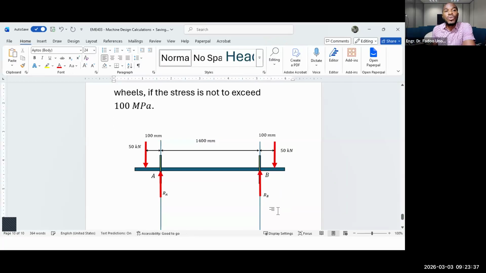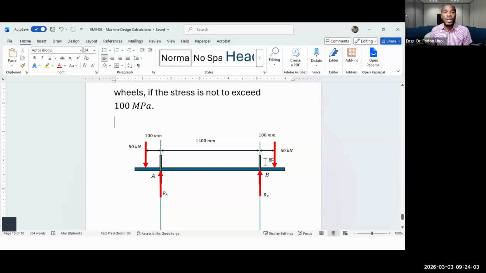Okay, so now that we have done that, we now have our complete free body diagram that tells us where all the forces that are significant in this system are acting, and also the dimensioning of the whole system.